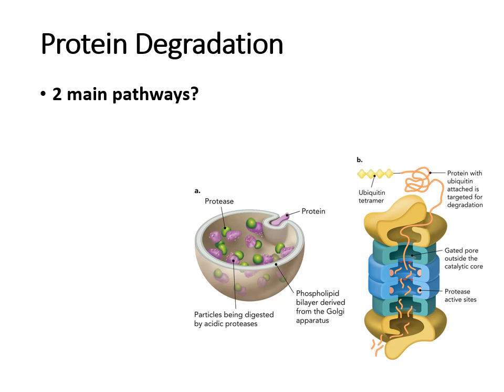So what I mean by that, the first pathway for degrading a protein is to send it to lysosomes. Now, lysosomes are basically vesicles that are filled with digestive enzymes, so proteases that can digest proteins.